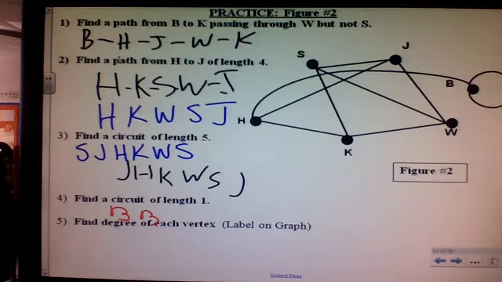Stop for a minute. Take a look at Thomas's, and then take a look at Sienna's. It's the same circuit. Thomas started at J and followed to J. Sienna then started at S and went S to J, J to H, H to K, K to W, and W to S. It's the same exact circuit, except she has a different starting point.